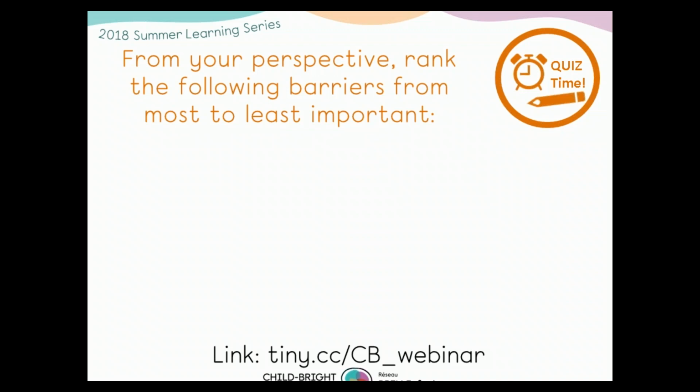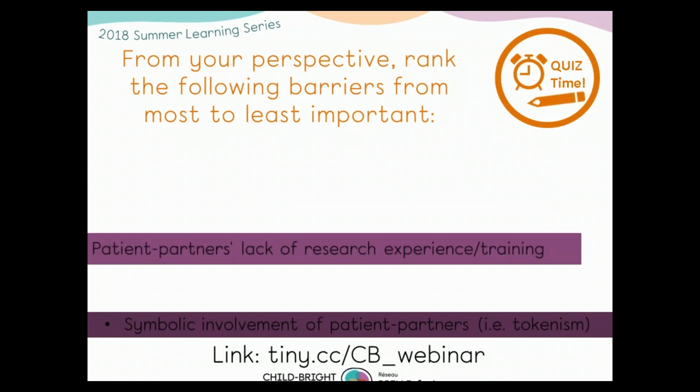Again, as before, drag what you think is the lowest barrier to the bottom, and have the top one rest at the top. In our second session, we'll open it up for discussion and get your input on suggestions you think would be helpful in overcoming that barrier.